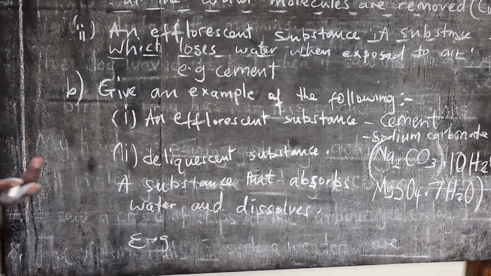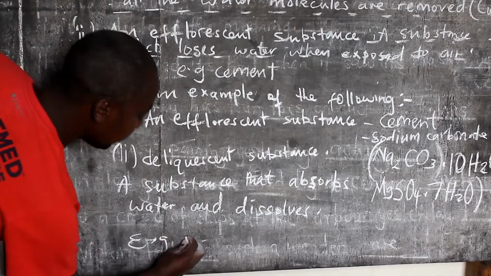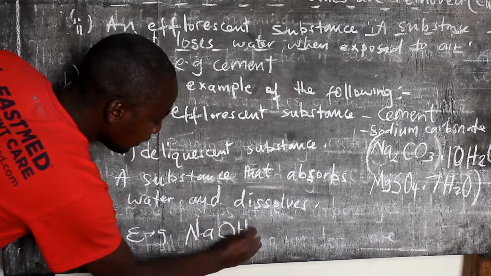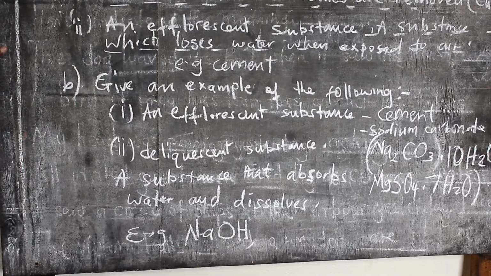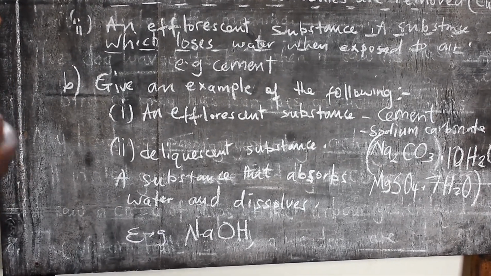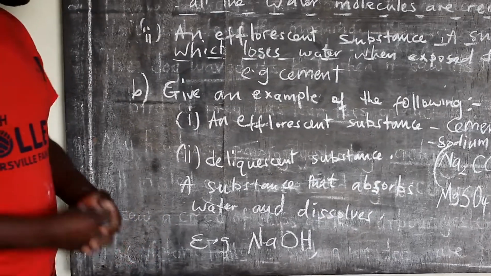Under hydroxides, sodium hydroxide is a deliquescent substance because it absorbs water and then dissolves in the same water. If you have ever seen sodium hydroxide pellets, you are going to find that when they absorb water, they even dissolve.